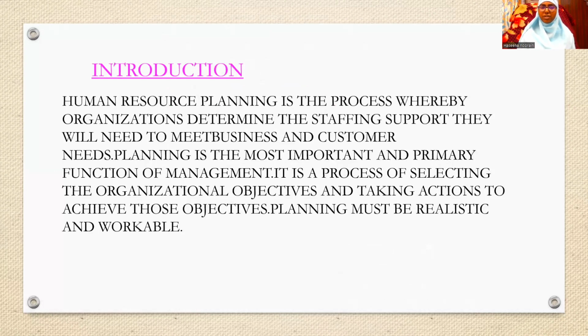What is human resource planning? A process in which an organization determines the staffing support they will need to meet their business and customer needs. As an HR manager, it is the most important and primary function of management, in which HR needs to be expert.